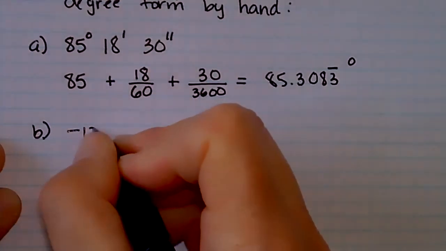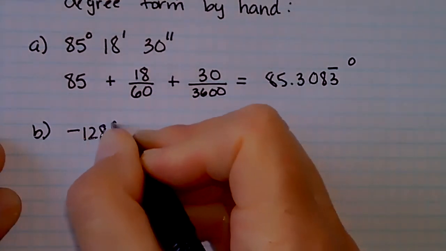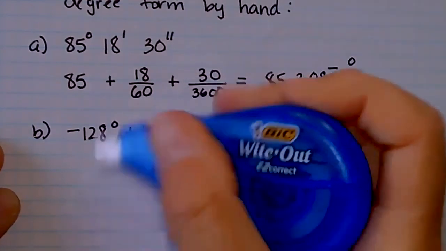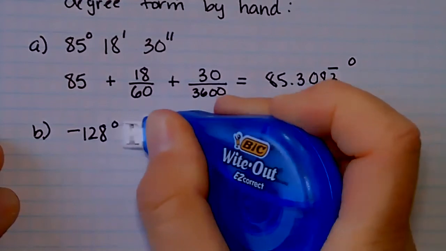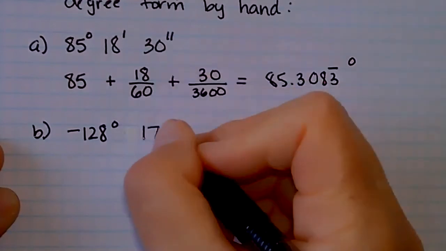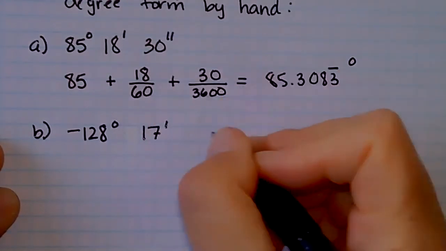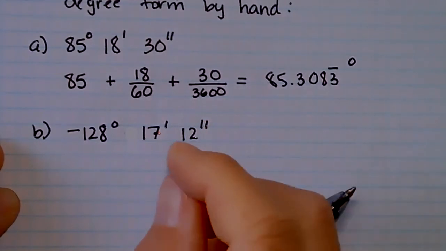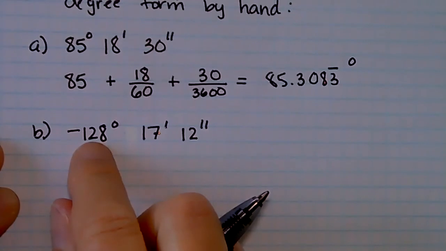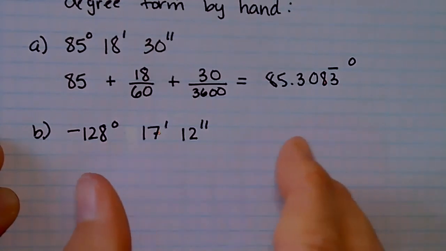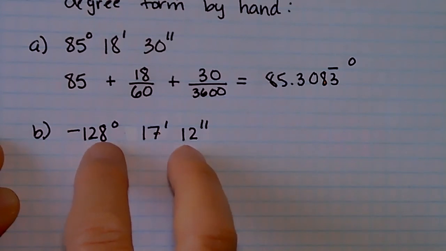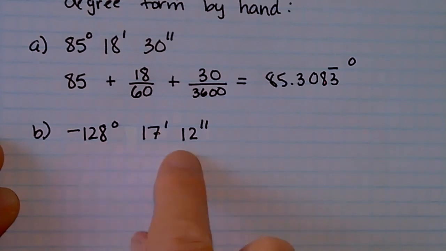So let's say it's a negative 128 degrees plus 17, sorry, I didn't put a plus there yet. 17 minutes and 12 seconds. Now this one you have to be careful. This is negative. You want the negative outside because you should still be getting the same decimal degree measure for this as a positive as you would for this as a negative.